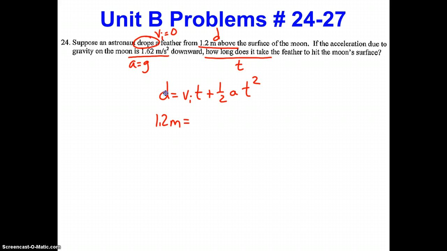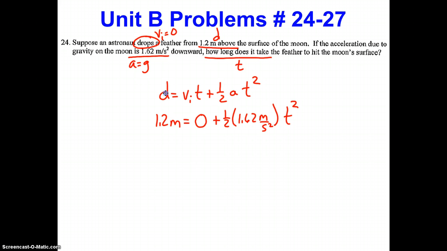Our initial velocity is 0, so the entire vᵢt term is 0, since 0 times t would also be 0, plus 1/2 times 1.62 meters per second squared times t squared.